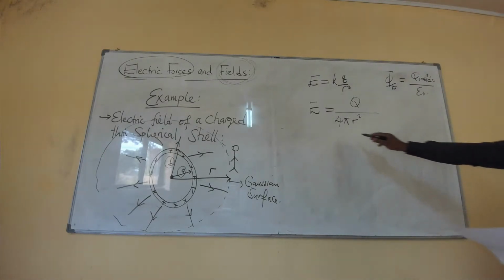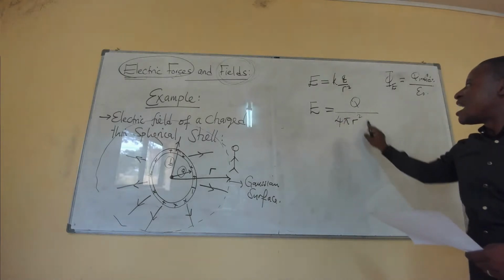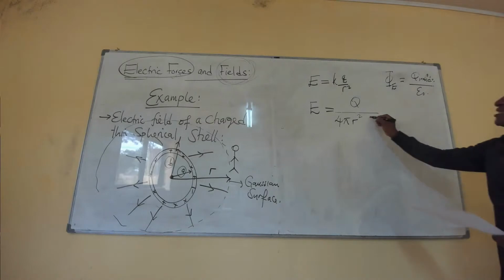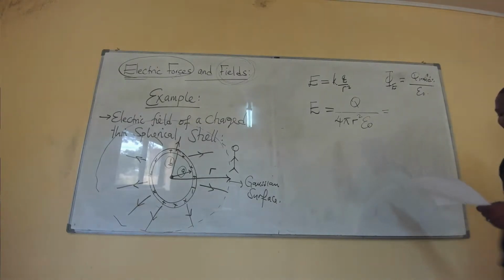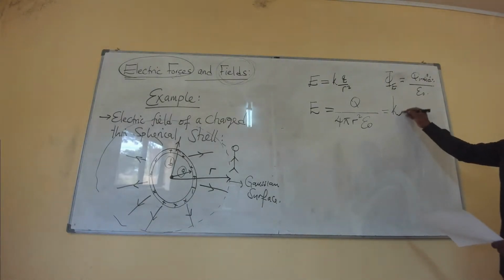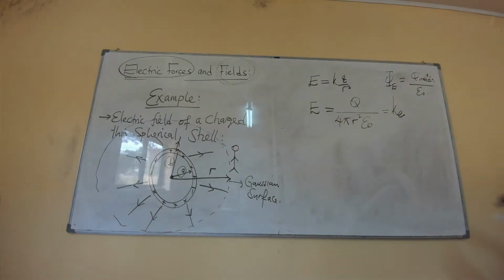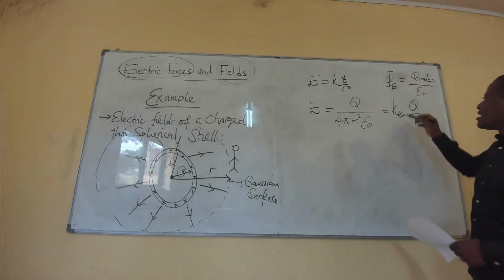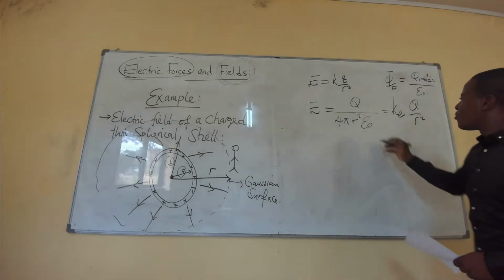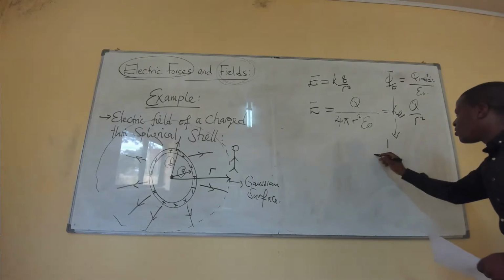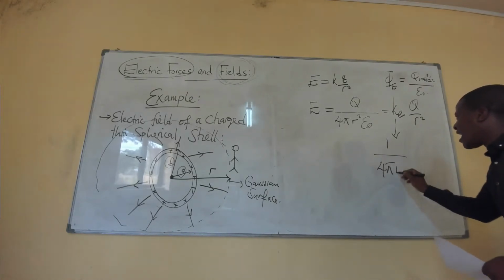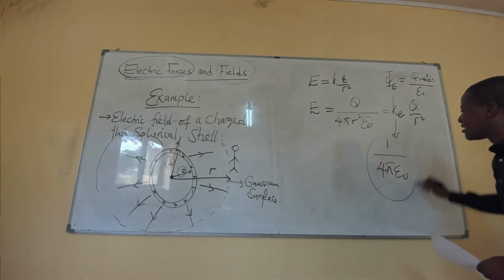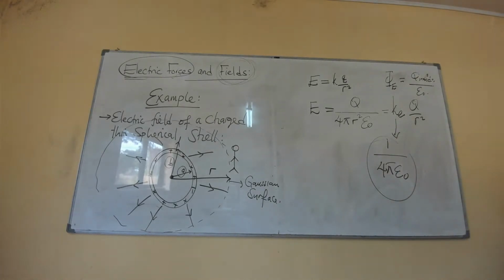Now we multiply the denominator that we have down there when we make a replacement. So from here, we see that this comes there. Then we have the K, which is the proportionality constant, multiplied by Q over R squared, where this is nothing but 1 over 4 pi epsilon. This is the value of K, E.